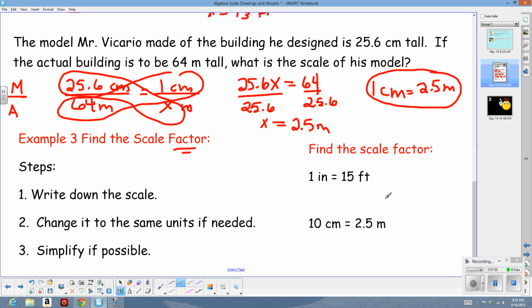For example, to find the scale factor of 1 inch equals 15 feet, you're going to want to first write it down: 1 inch over 15 feet. And now you're going to want to change it to the same unit. So we're going to change the 15 feet into inches.